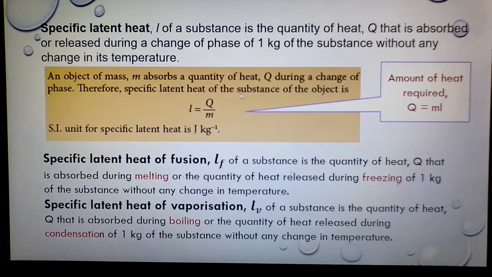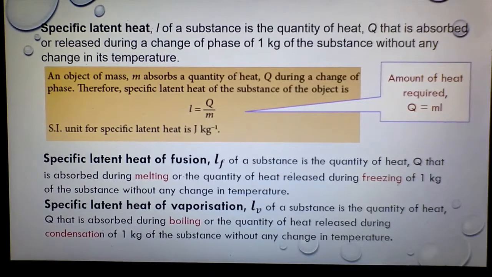Therefore, specific latent heat of the substance is L equals Q divided by m, amount of heat per 1 kg mass. So the SI unit for specific latent heat is joule per kg, J kg^-1. And from this formula, we can derive the amount of heat required, Q equals m L.